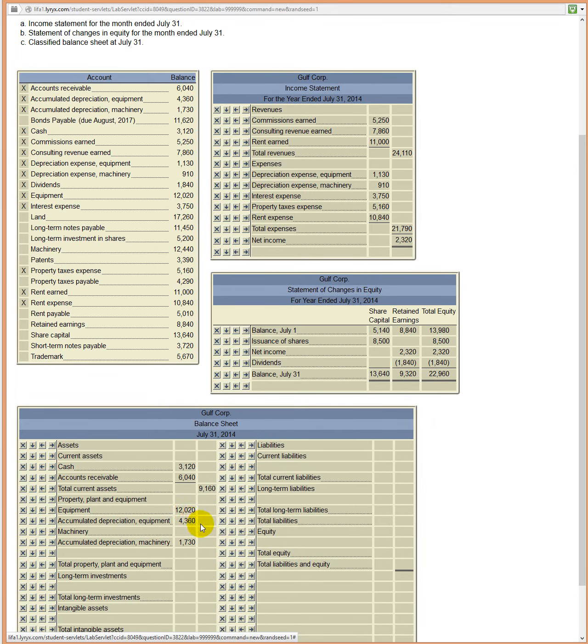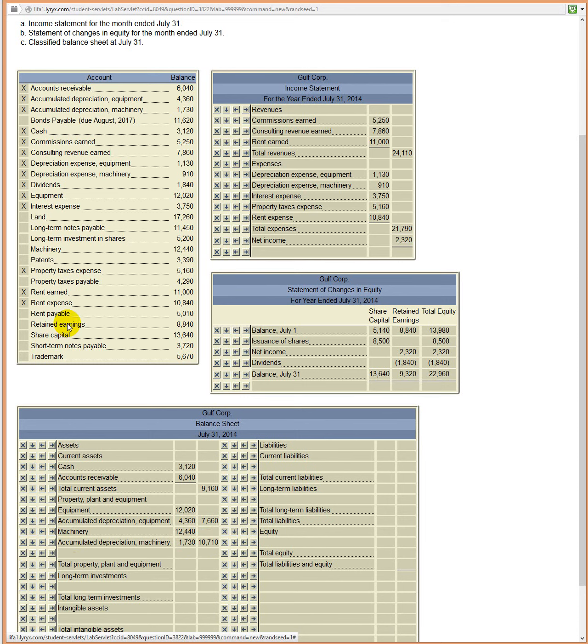So the difference between those two would be the net book value, as we discussed in class. And the machinery, we already have that, 12,440 is the amount, meaning the net book value is 12,440 minus 1,730 for 10,710.